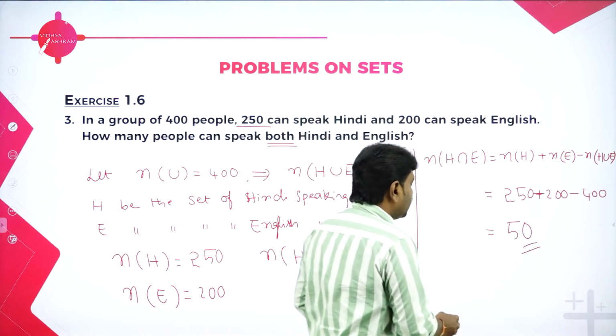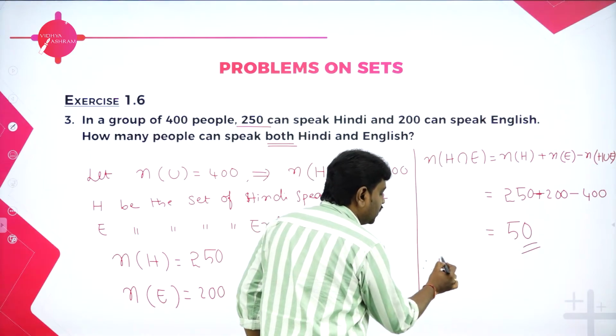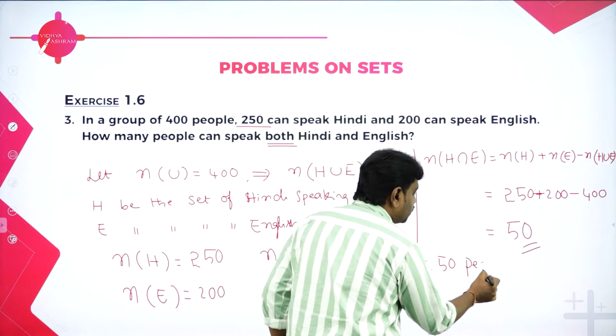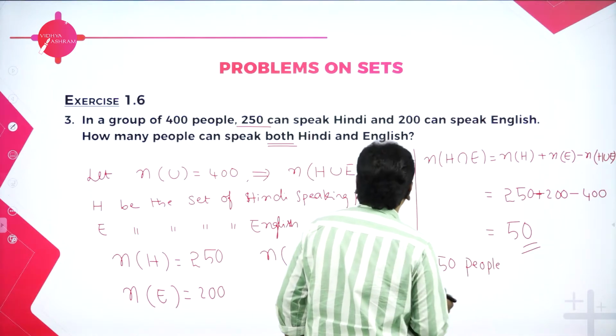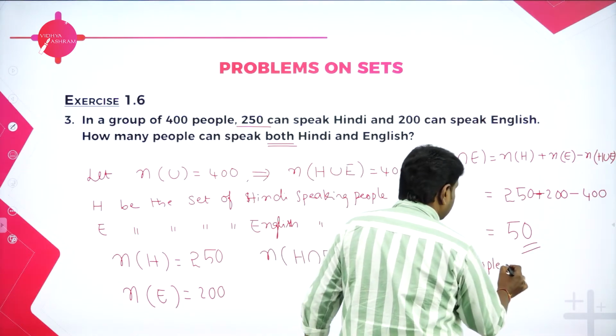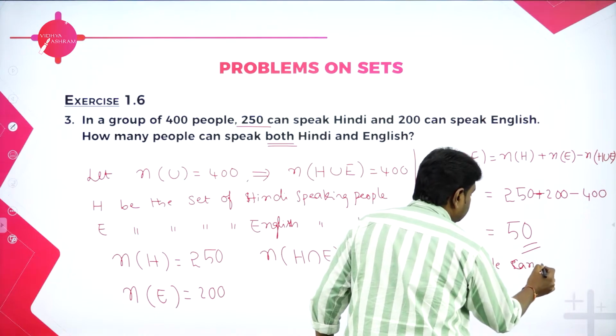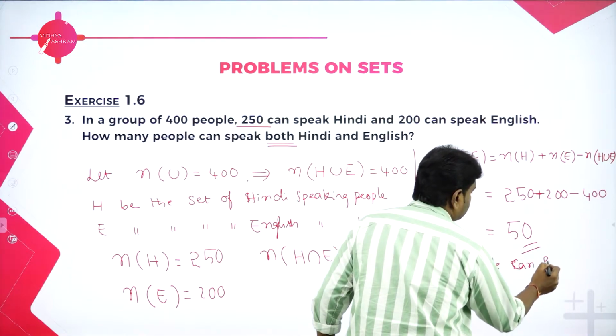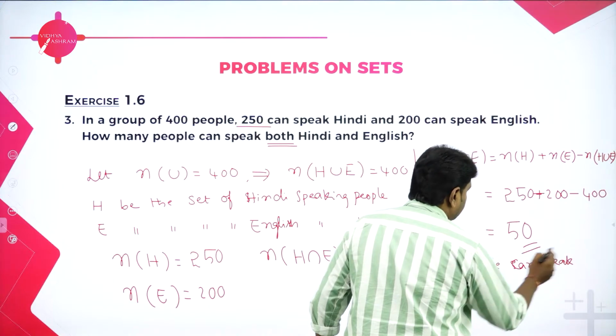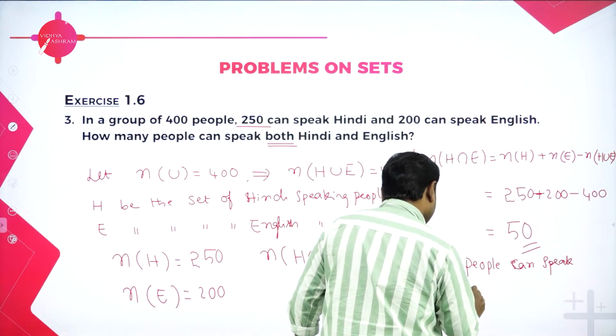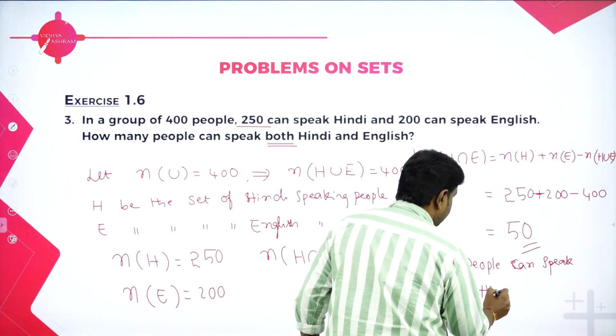So therefore write the conclusion: 50 people can speak both Hindi and English.